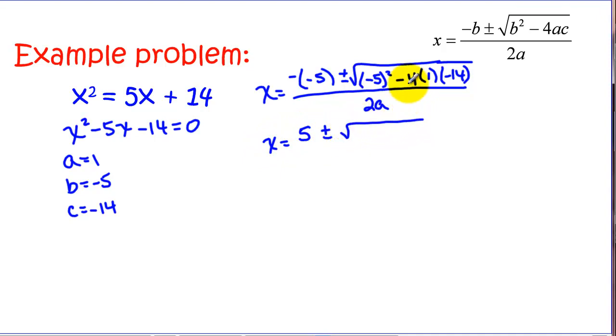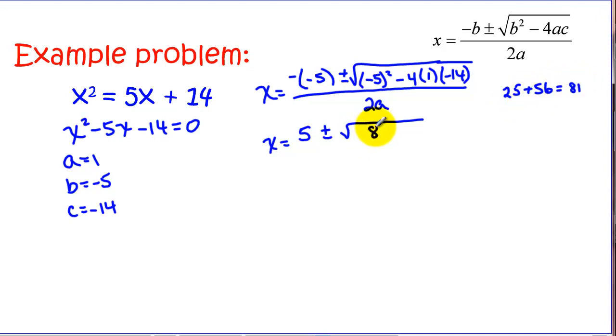Now, under the radical, we've got negative 5 squared, which is 25, positive 25. And here I have negative 4 times 1 times negative 14. So negative 4 times 14 is, what do we get there, 56. So that comes out to be 81.